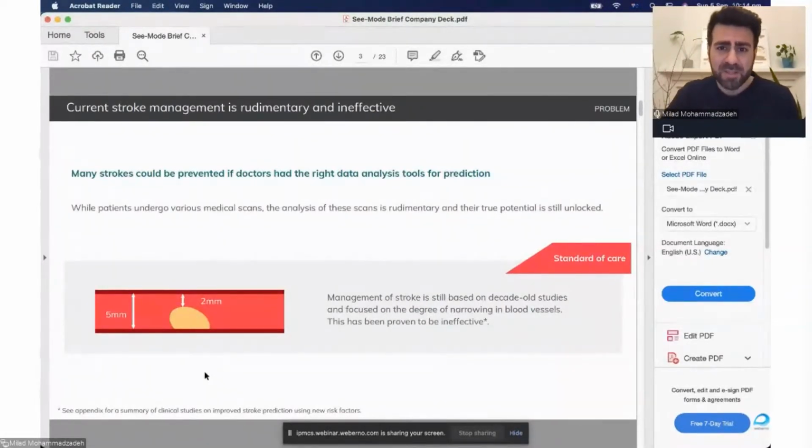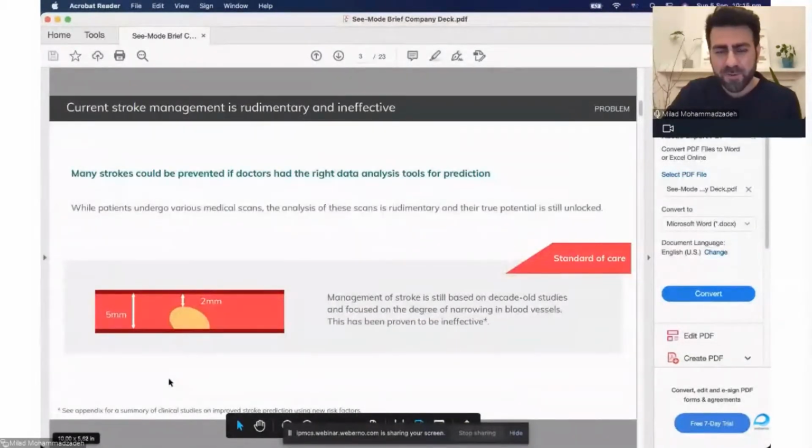These blockages, a lot of times, are caused by plaques of fat that build up over time in the blood vessels. It's a lifestyle disease, as I mentioned, very similar to heart attacks that are caused by coronary artery disease. So these plaques of fat build up in the blood vessels, and the majority of strokes happen because of these.